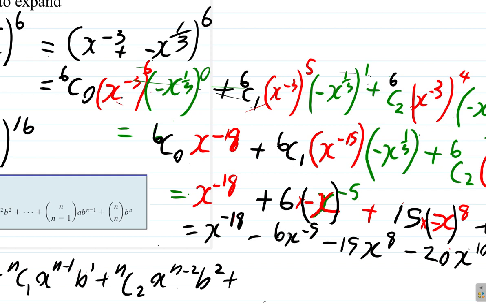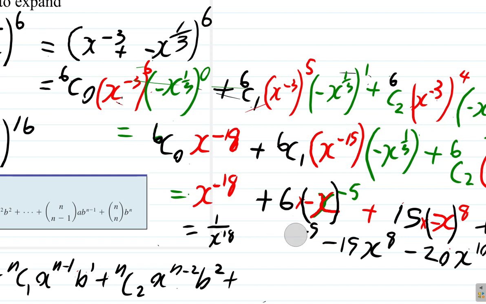Plus 6 times negative x to the 5. This is an odd power. It's like saying 1 over x to the 5. So let's put them in their fractional form. This is 1 over x to the 18, all right?